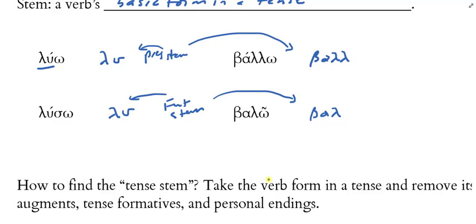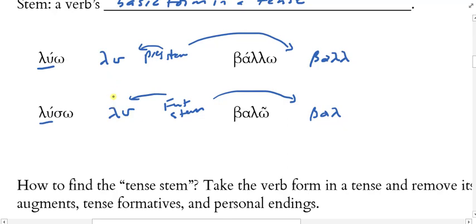All right? So if I take luo, for example, and I strip off any augments, there aren't any, personal endings and augments, I'm left with lu. That's my present stem. For luso, I strip off any augments. Again, there aren't any. The tense formative and the personal ending and the connecting vowels, if there are any, all of that gets removed and I'm left with lu.